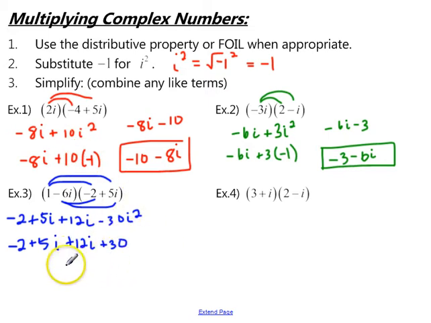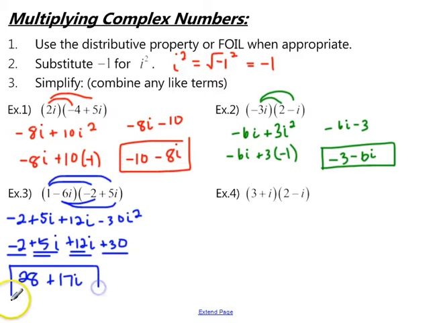Now our last step is to simplify and combine any like terms. So the real parts, -2 and 30, give us 28. And then our imaginary parts, 5i plus 12i gives us a positive 17i, and that's our final answer.